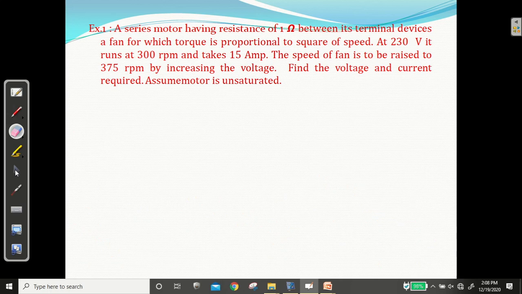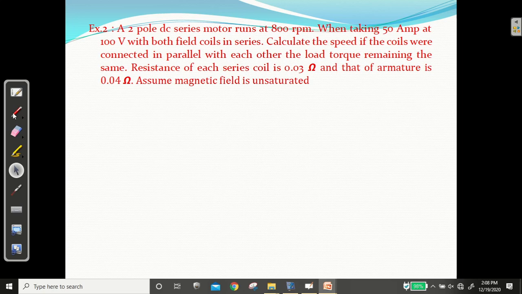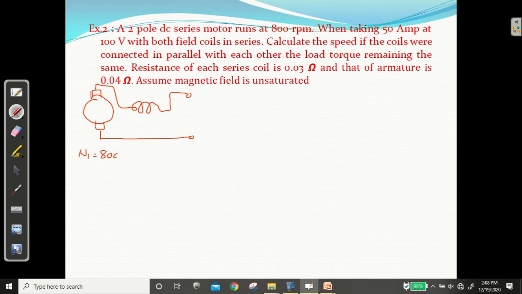Next question I am going to solve. Next problem. This is example number 2 I have given. A 2-pole DC series motor runs at 800 RPM. This is the DC series motor I have given, 2 pole, 800 rpm, N1 is given as 800 rpm.